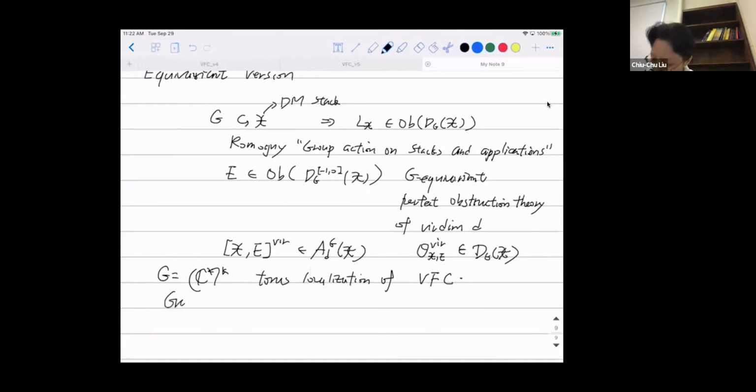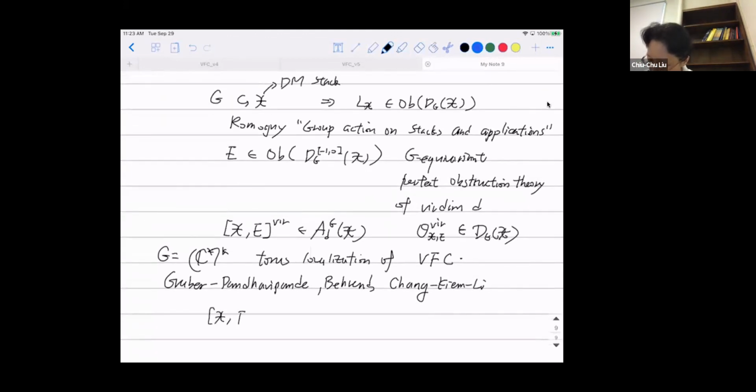So the main reference is Graber-Pandharipande, but there are also other references, Behrend, and the original proof assumed there's a G-equivariant embedding of X into something smooth, and that assumption has been removed in a paper by Chang, Kiem, and Li.